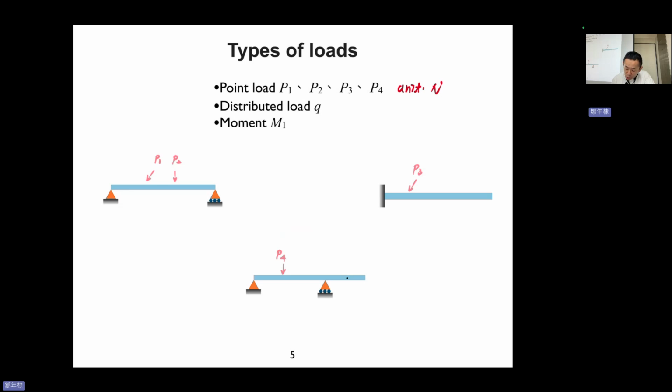And you know the distributed load Q, right? Which has unit Newton divided by m. So the Q is not a load by itself. You need to multiply by length, and it will become the load. So this is Q.